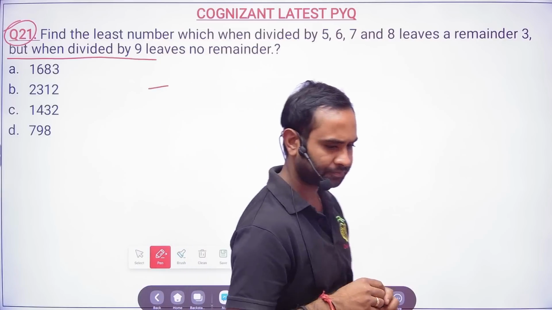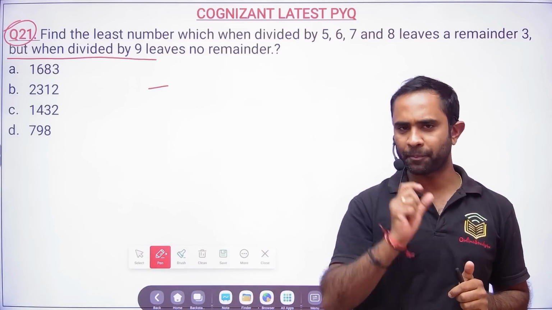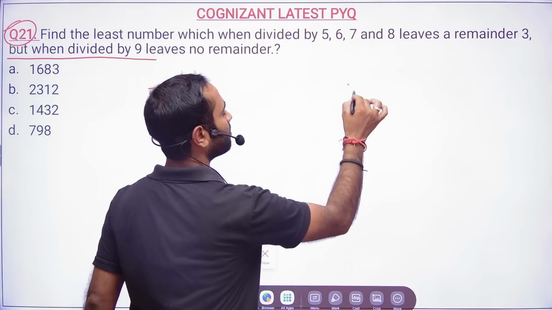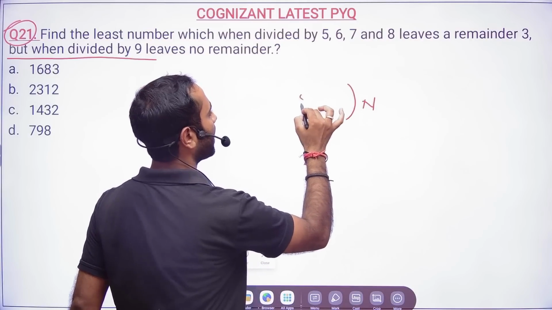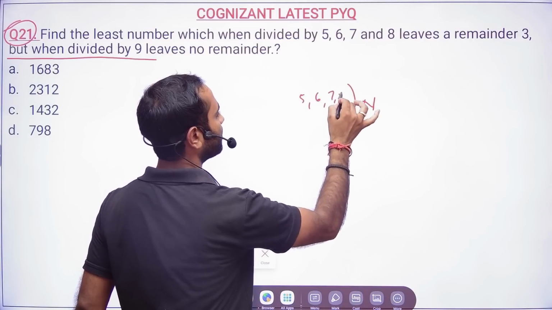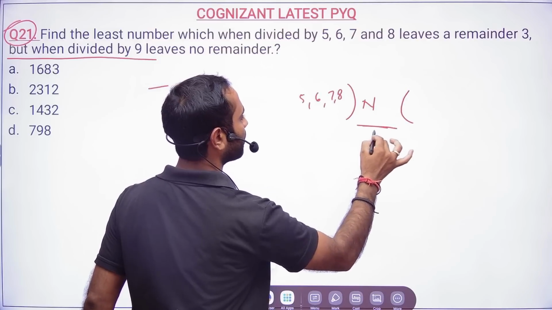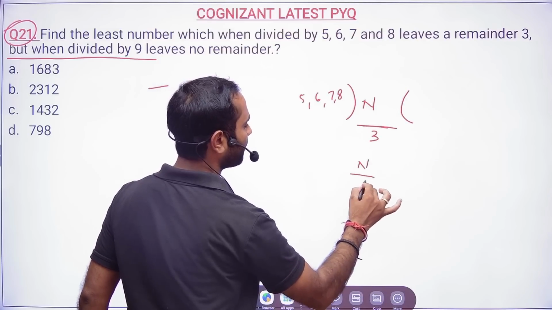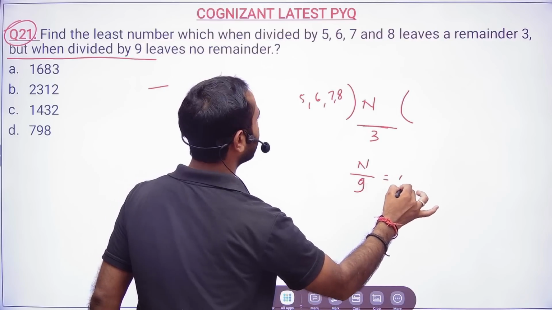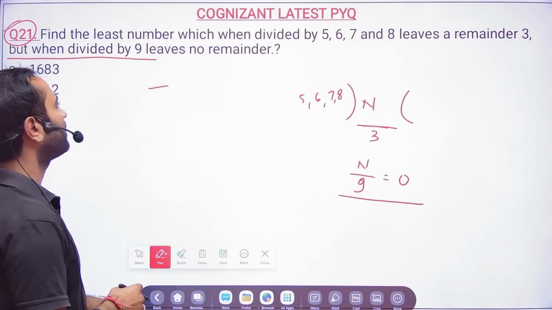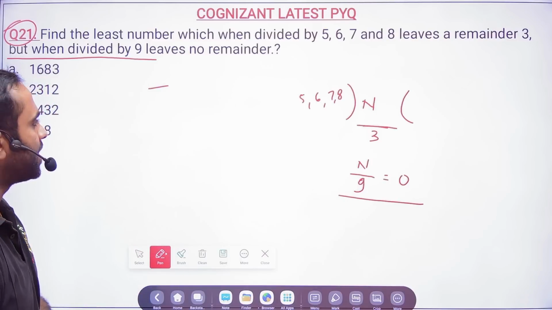So friends, there is a number which when we divide by 5, 6, 7 or 8 gives a remainder of 3, but the same number if you divide by 9 does not give any remainder. That means it is completely divisible.